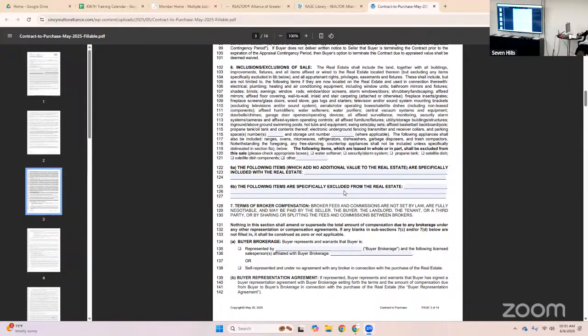This takes the place of anything that was on MLS. So make sure that anything that is in MLS is reflected here in section 6A and 6B.